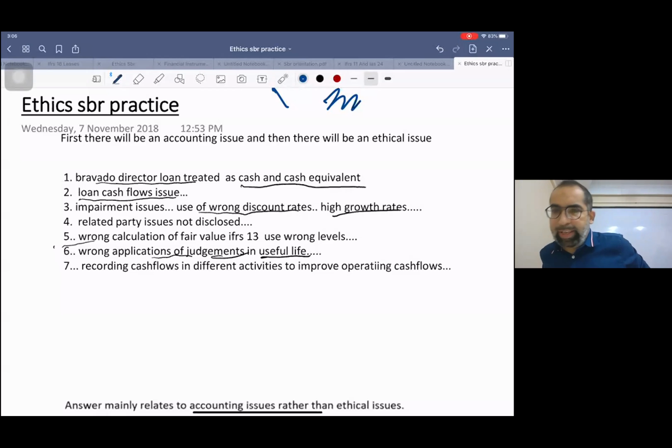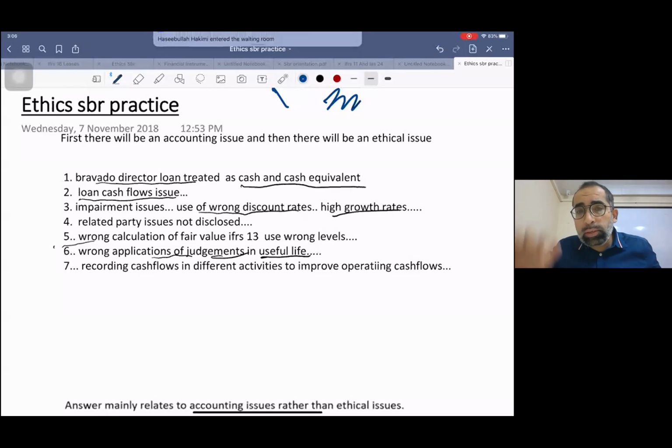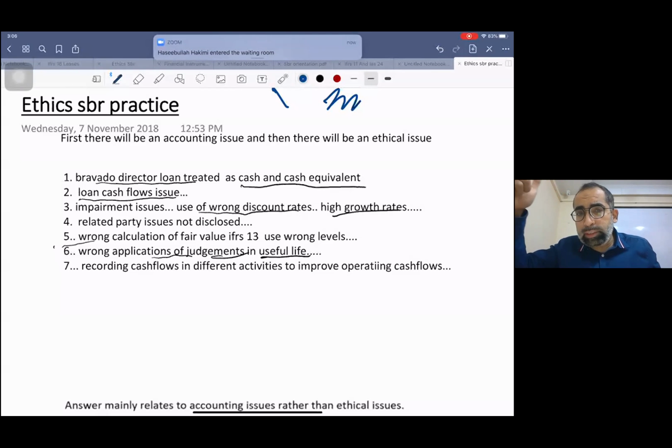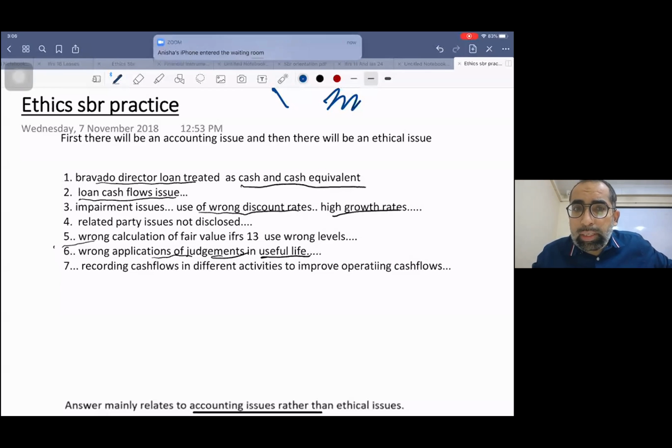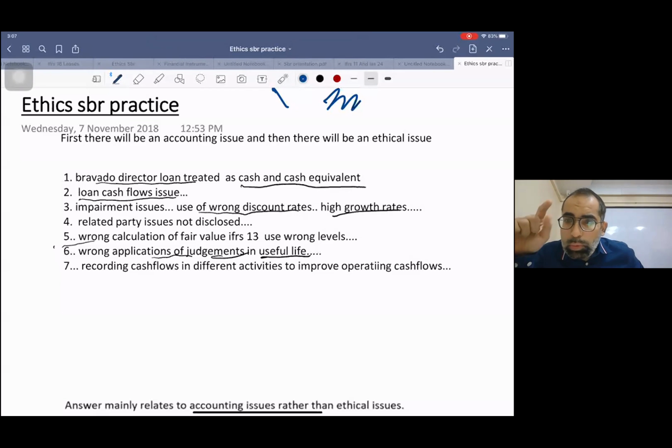Now, as an accountant, you can artificially increase the future cash inflows. If you increase future cash inflows, automatically your present value will be higher, so your value in use will be higher, so there will be no impairment. So see, you are manipulating your financial statements through this issue, right? So first there will be an accounting issue, then there will be an ethical issue, right?